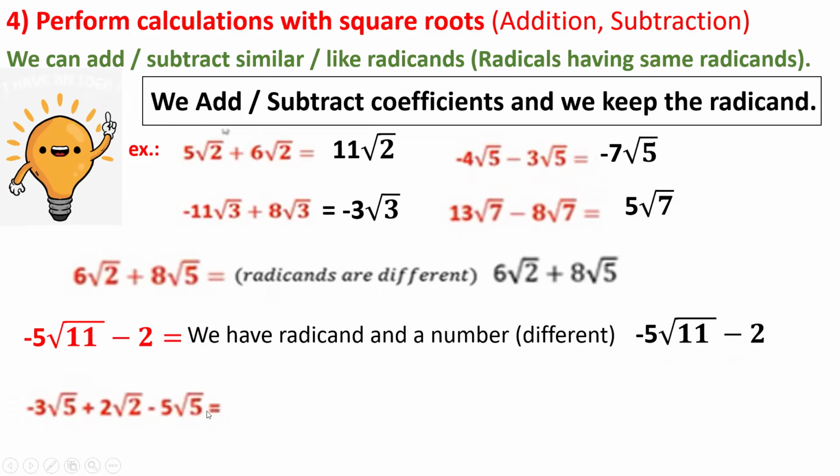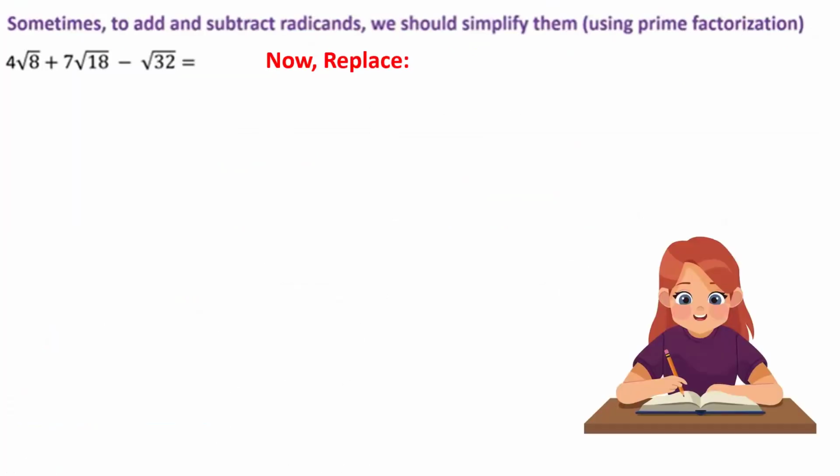Do they all have the same radicands? No. Minus 3 radical 5 and minus 5 radical 5 have the same radicands. So minus 3 minus 5, two negatives, I keep it negative 8 radical 5, and I keep plus 2 radical 2 as it is.